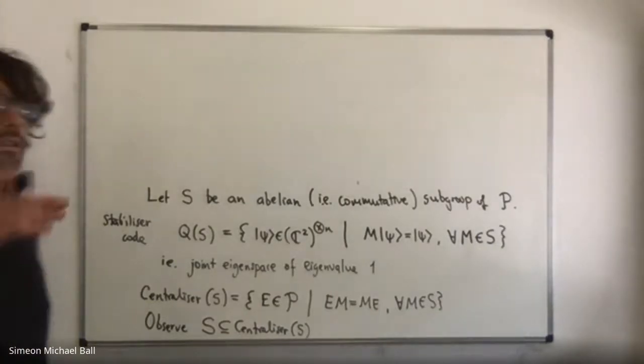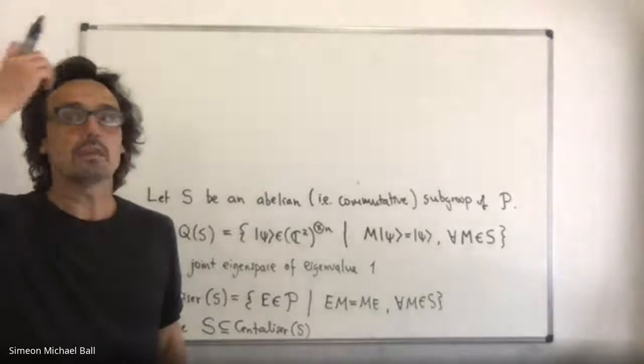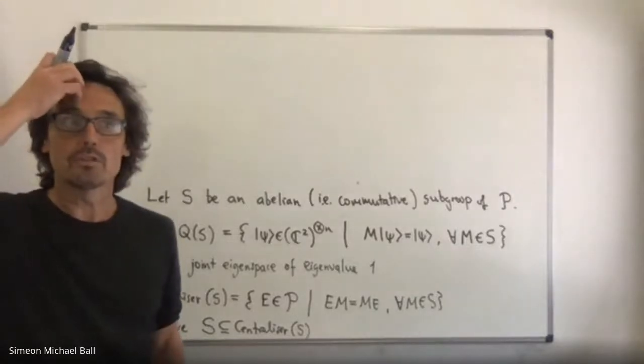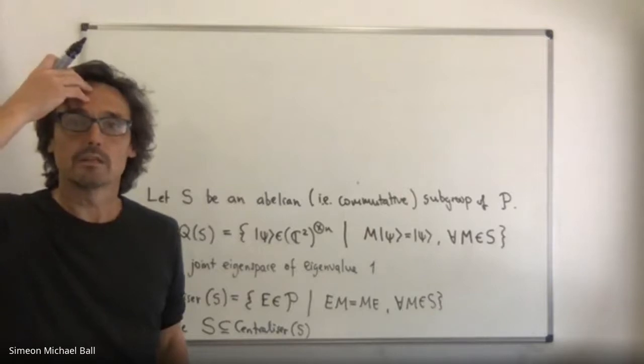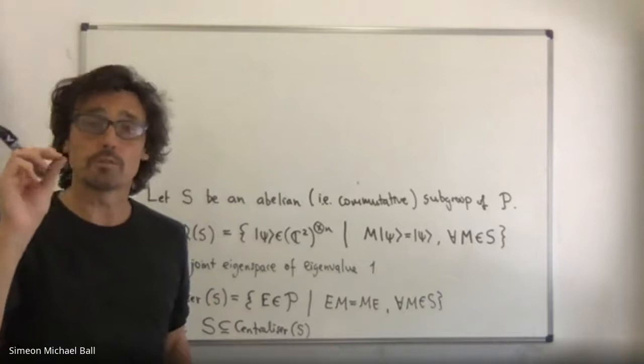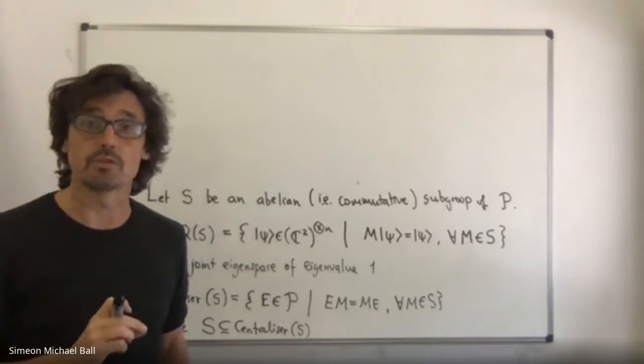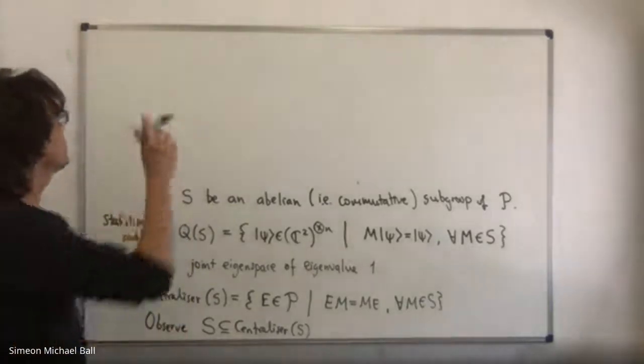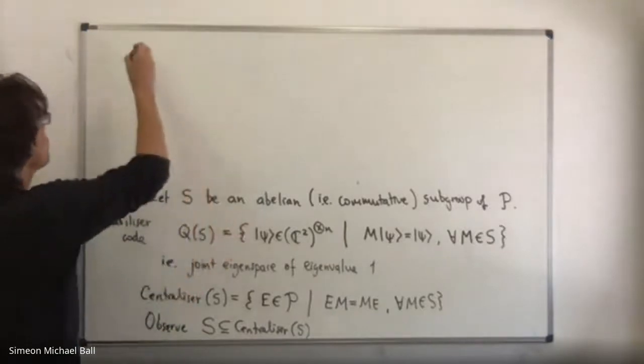Before, we saw with the Shor code that it could correct any one-qubit operator, so it was just affecting one of the qubits. So let's define what we mean by the weight of a Pauli operator.